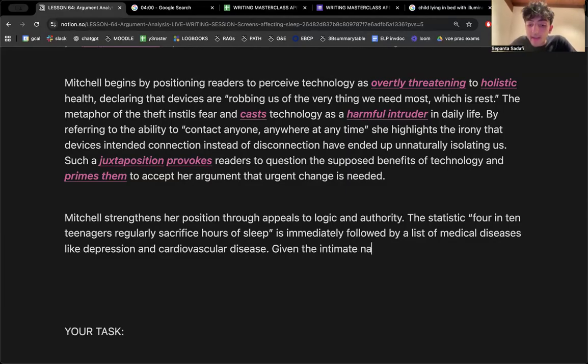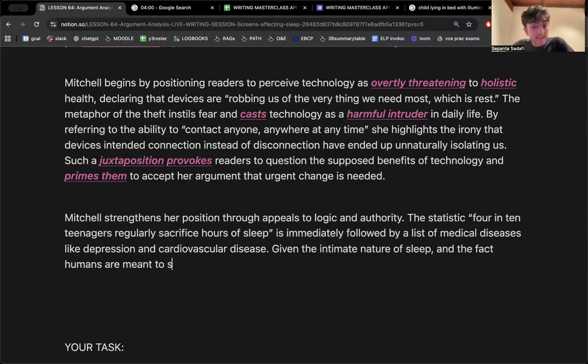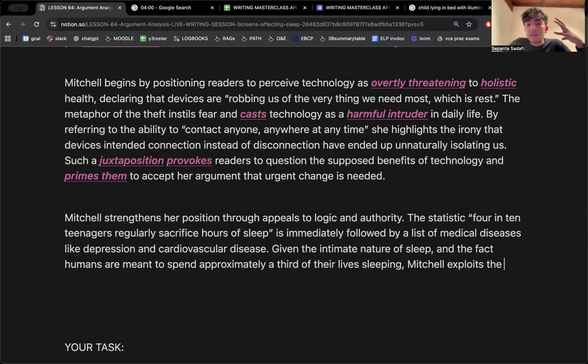Given the intimate nature of sleep, guys, we spend a third of our life sleeping, and humans are meant to spend approximately a third of their lives sleeping, right? Mitchell really almost exploits the irremovable connection between humans and sleep.